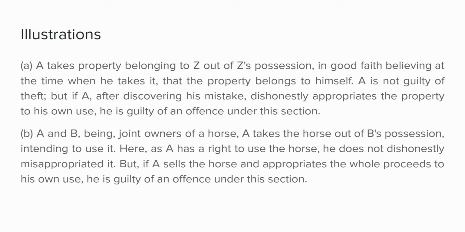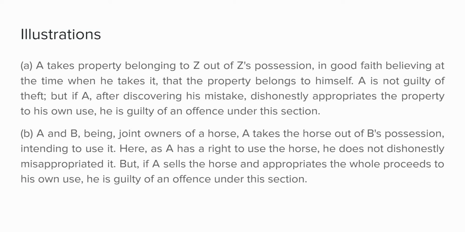First illustration: A takes property belonging to Z out of Z's possession. For example, Z has a mobile phone. A takes that out of Z's possession in good faith, believing at the time of taking that that particular mobile phone is his mobile phone.